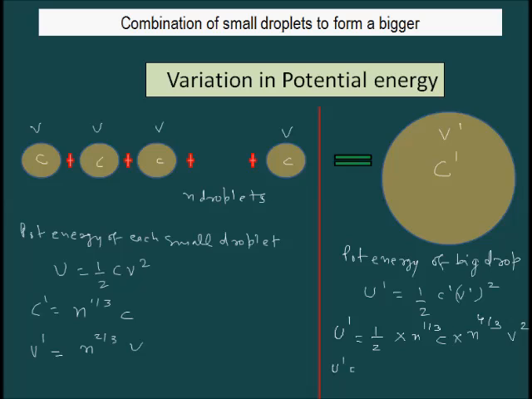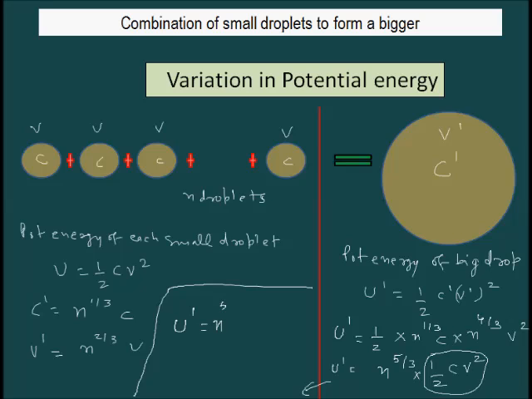It means that U dash is equal to n to the power 1 by 3 and n to the power 4 by 3, makes n to the power 5 by 3, into 1 by 2 CV square, that is the energy of each droplet. We can conclude that the energy of the bigger drop is n to the power 5 by 3 times the energy of each small droplet.